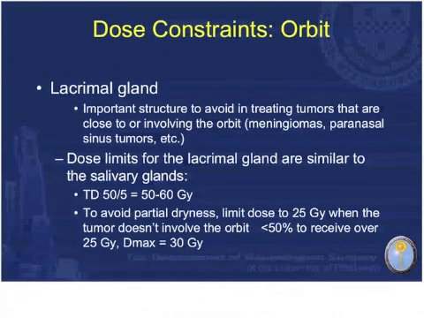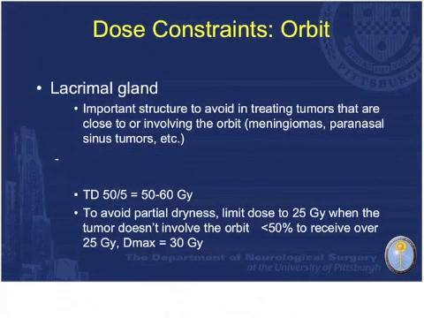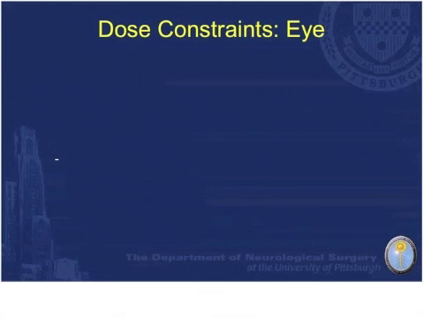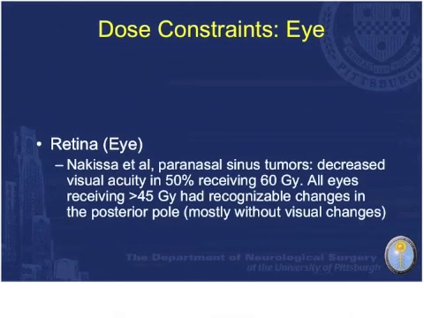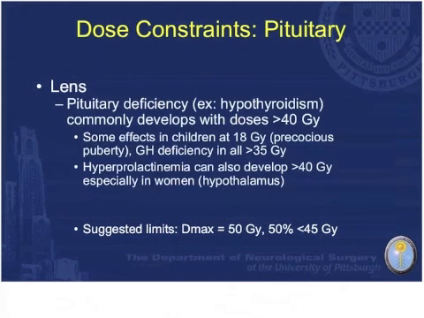The orbit is a dose-limiting factor. The lacrimal gland, we don't often talk about that structure in neurosurgery, but there are dose limits for the lacrimal gland similar to the salivary gland that radiation oncologists know about that we typically do not. There are dose constraints for the eye that was mentioned earlier, and these are other issues that may limit dose selection in certain kinds of cases.